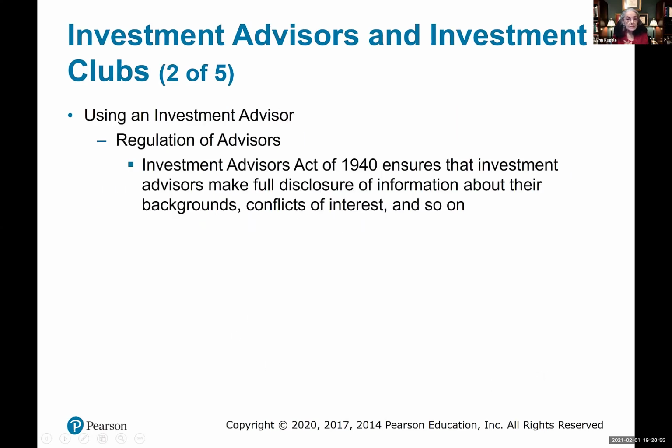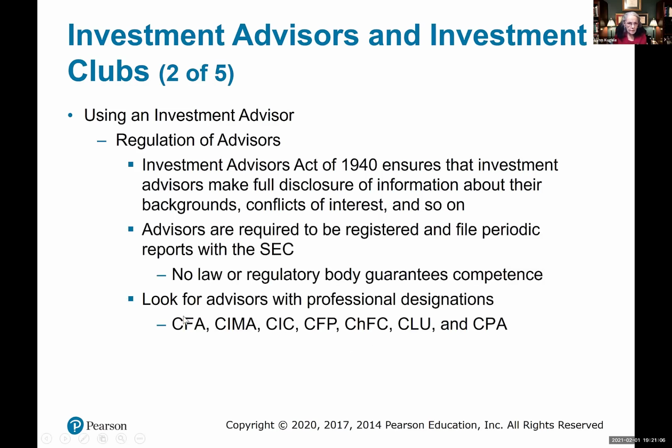We'll talk about it. The Investment Advisors Act of 1940 requires investment advisors to make full disclosure about their background and any conflicts of interest. You want to look for somebody who's got one of these professional designations. For personal investing, CFP would be the one right there. CPA, we know what that is, accounting.